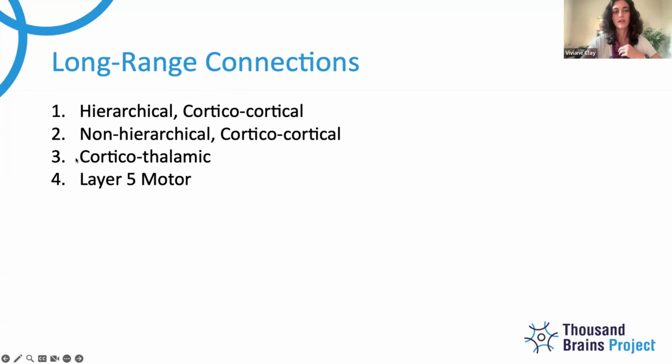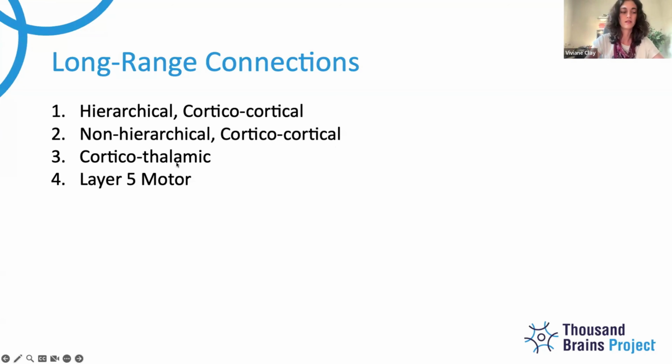Then we have non-hierarchical cortico-cortical connections, where we have connections between different columns within the neocortex, but as I will argue in a moment, they can't really be interpreted as hierarchical processing.